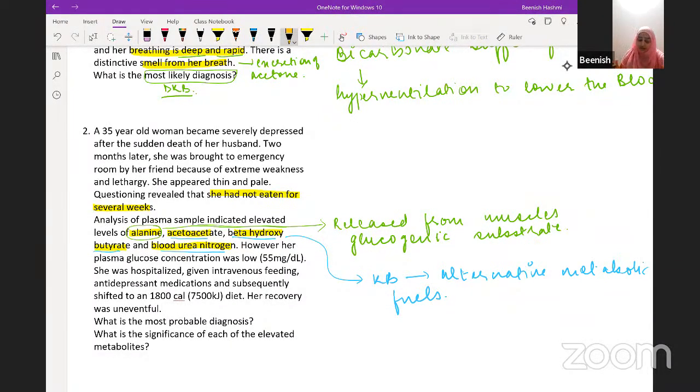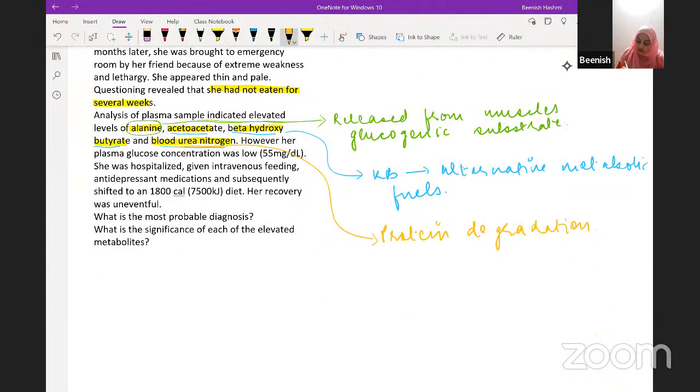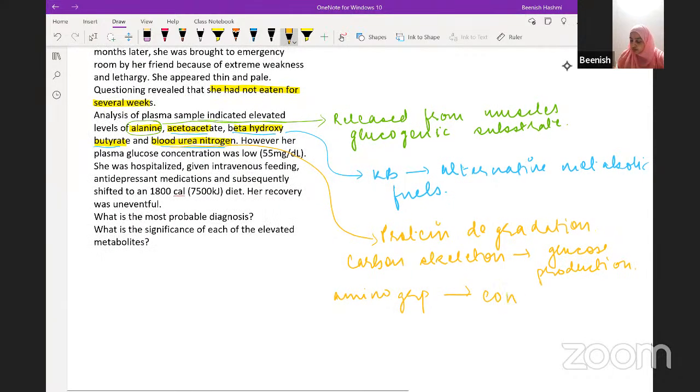This signifies protein degradation. The amino group is converted to urea.